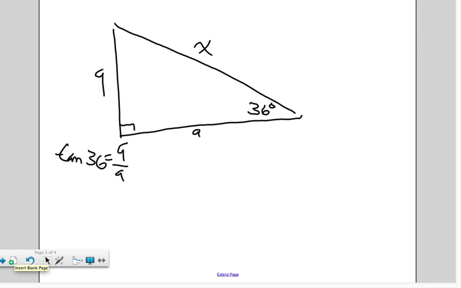If I've only taught you tangent, that's the only way you can do it.